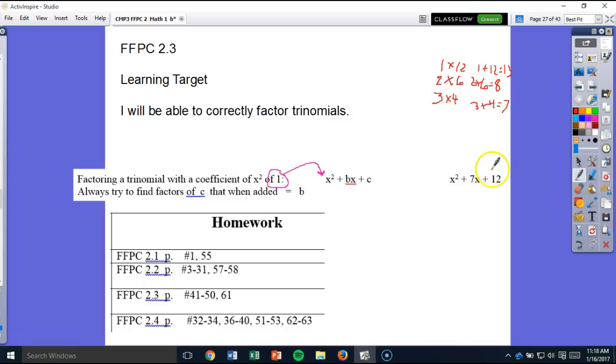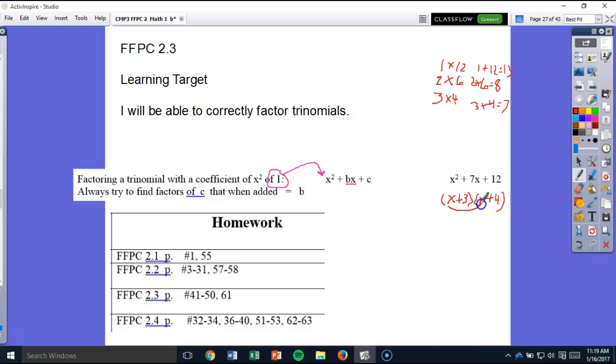So these are going to be our two factors, and then all we have to do is break up into our two different binomials, our x plus 3 and our x plus 4. And when we multiply these two binomials out in expanded form, we will wind up with x squared plus 7x plus 12.